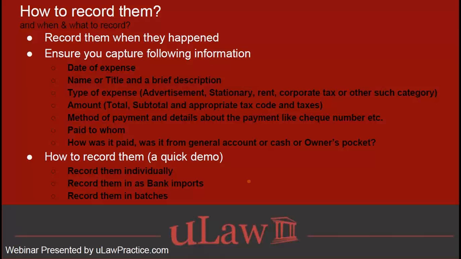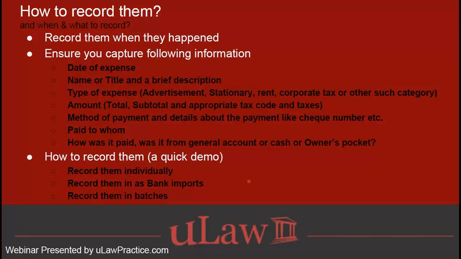What do you capture among all these business expenses? The date of the expense, always really important, when it happened. A brief description of what that expense was for. Okay. If you are able to categorize the type of expense, it becomes much simpler and easier for you to be at peace with where your money is going with regards to your business, right?